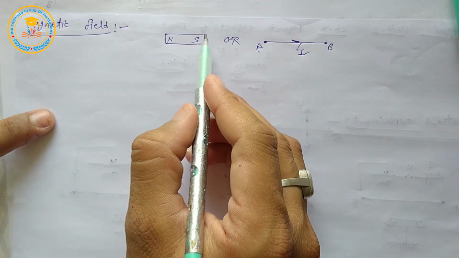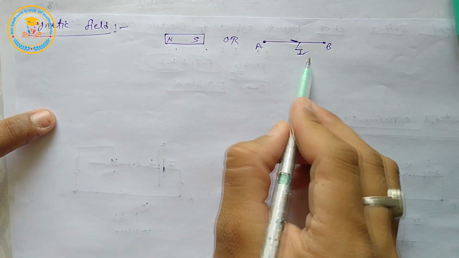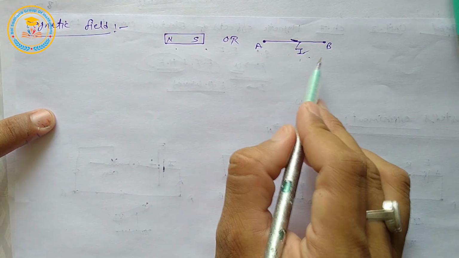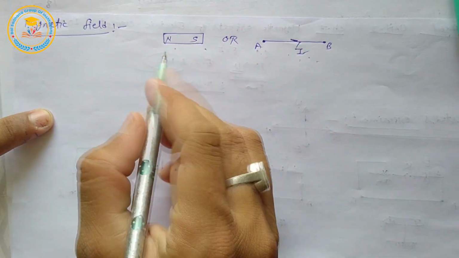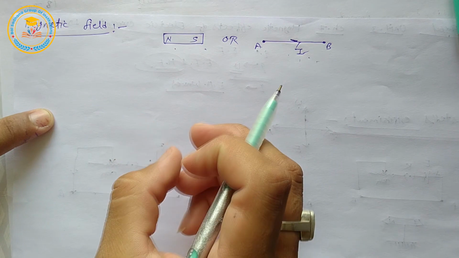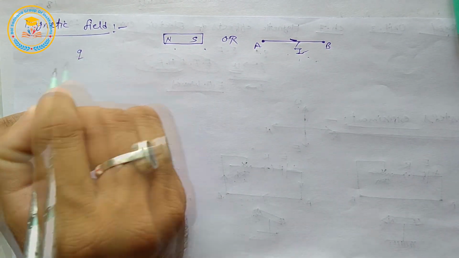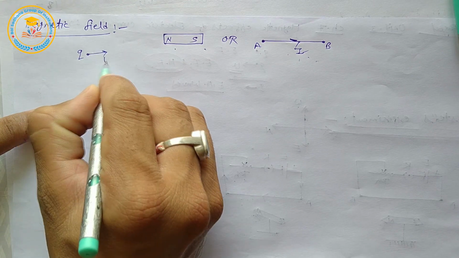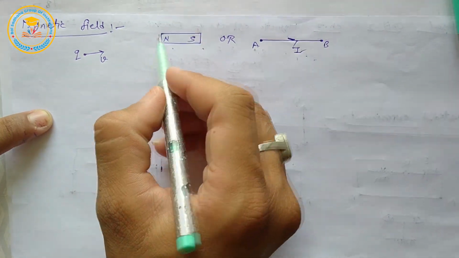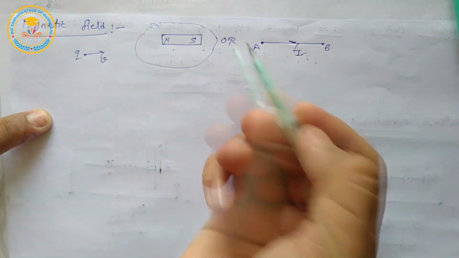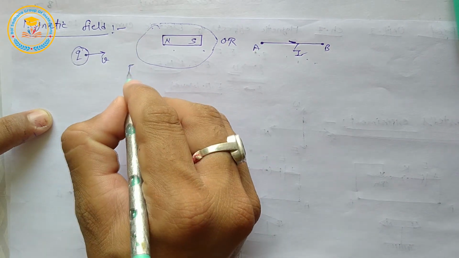So a space around a magnet or current carrying conductor wire, in which space the moving charge experiences a force. Suppose we have a charge q and this charge is moving with velocity v. Then around this magnet, this charge experiences a force.